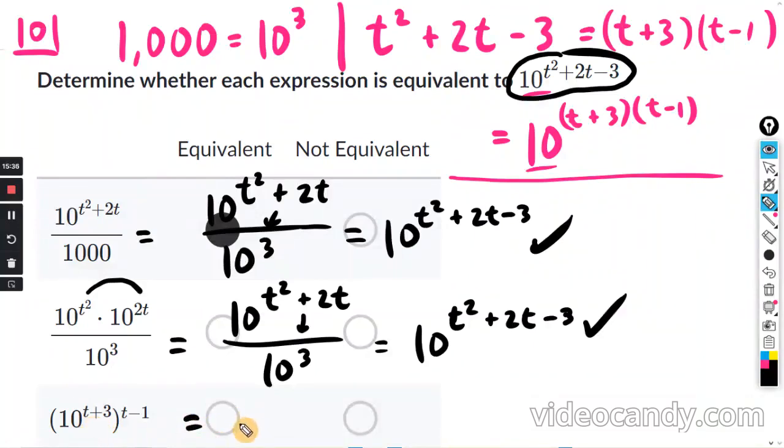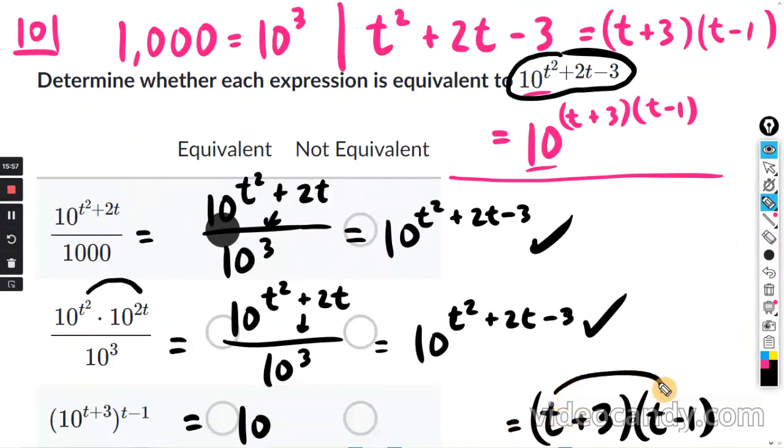Finally, the last one. We have a 10, and we have an exponent raised to another exponent. If we just multiply t plus 3 times t minus 1, all right, we're multiplying the exponents because that's what you do here. FOIL: t times t is t squared. The inner term is 3t. The outer term is negative t, so that's plus 2t.